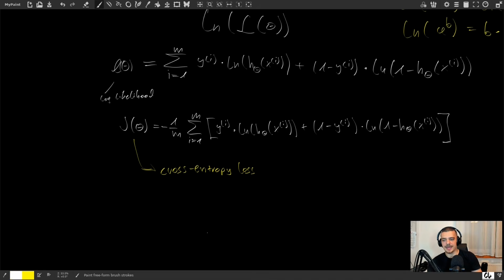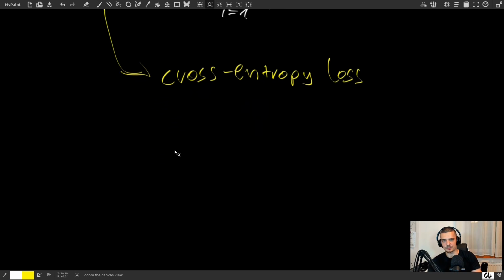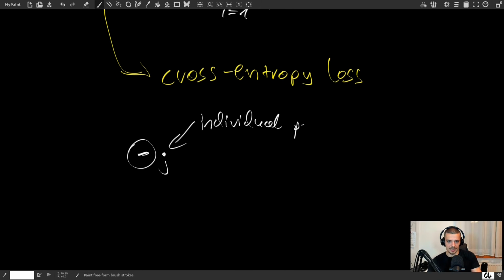Now, how do we do that? The basic idea of gradient descent is we have our parameters theta, and we need to understand, for each theta j, so for each individual parameter, how does this individual parameter have to change in order to change my output to be more correct?